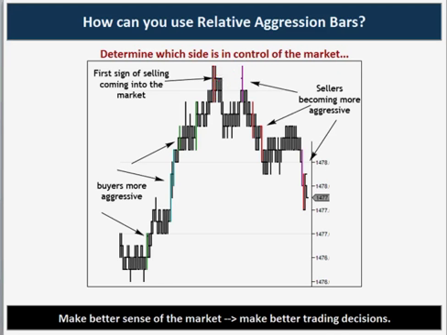And then we have another test of the high, the price rose high enough to attract more selling. Sellers step in aggressively with this level 3 selling aggression bar with some follow through, and you can see sellers are starting to take over the short-term direction of the market. So that's the first way again: determining which side is in control of the market at a given time.